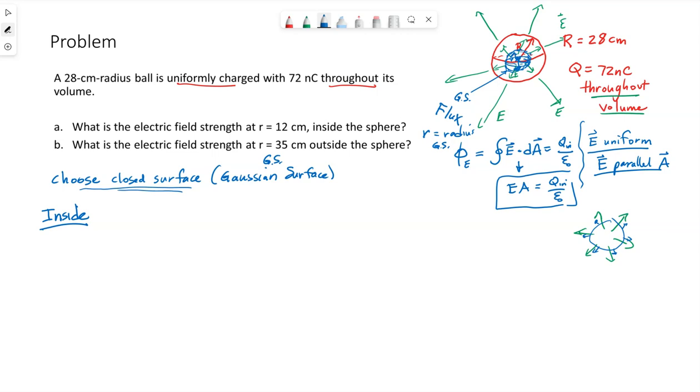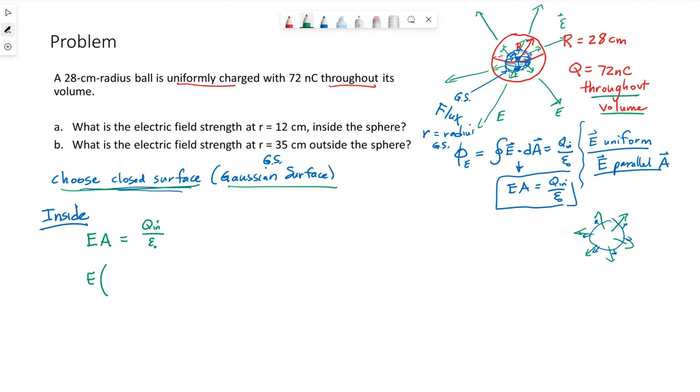Okay, so back to the left, we're inside. We're going to say the electric field passing through this closed surface times the surface area of this same closed surface is equal to the charge within it divided by our constant epsilon naught. We're trying to find the electric field.